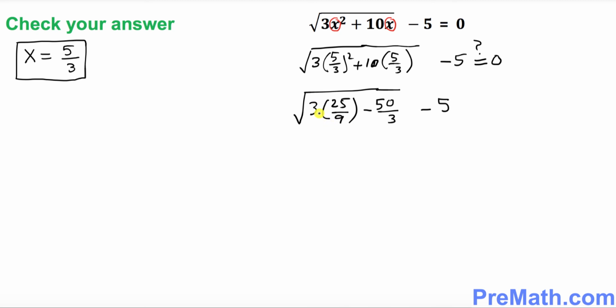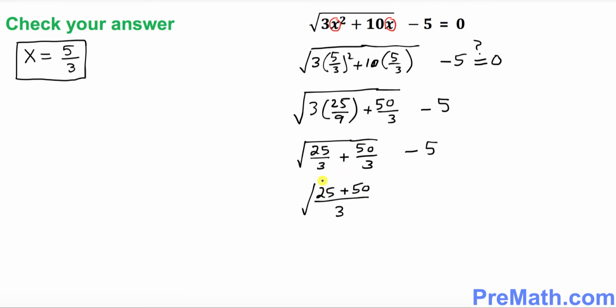So 3 and 9 reduce to 25 over 3 plus 50 over 3, and then we have a minus 5 outside the radical. Since we have the same denominator, you can just add. One thing you have to be careful with: we had a plus sign over here. Sorry about that. So this becomes 25 plus 50, isn't it? Sorry for any kind of confusion.